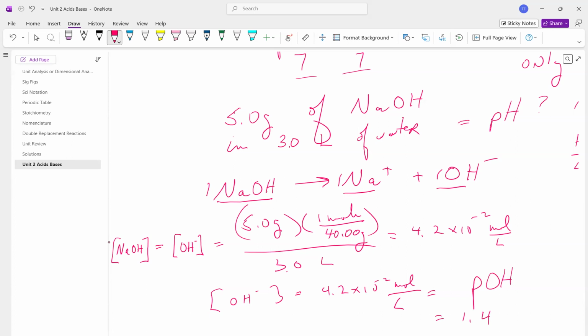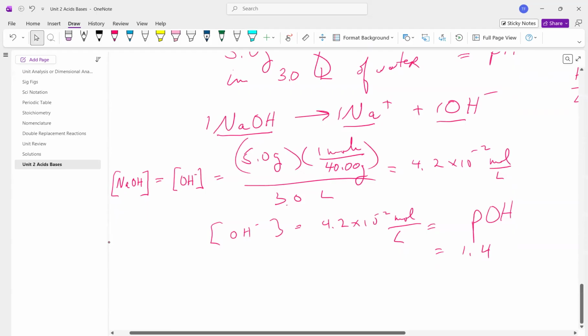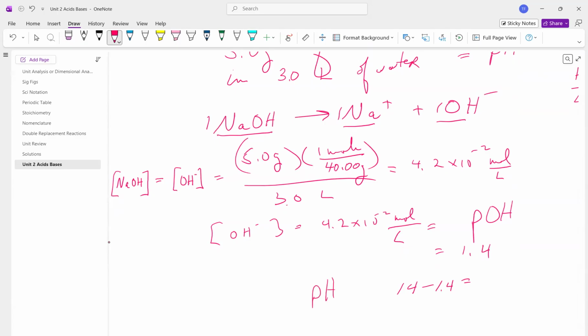Okay, so if the pOH is 1.4, what is the pH? Depending on what species is there, you're either going to do pH or pOH. If you only have OHs, you're going to do the pOH. If you only have H's, you're going to do the pH.